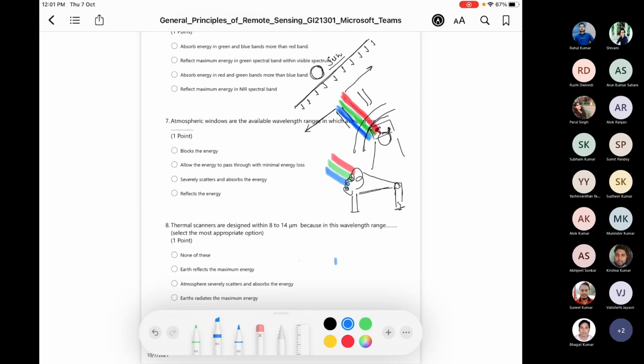If you analyze the spectral signature of vegetation in the visible spectrum, the highest reflectance you get is in the green band.